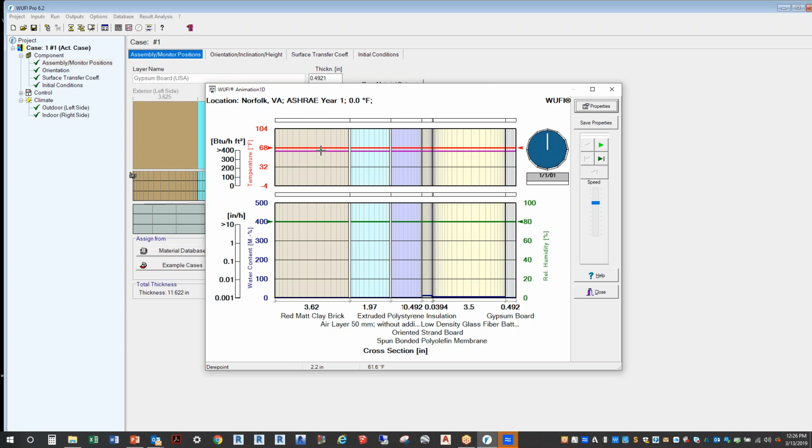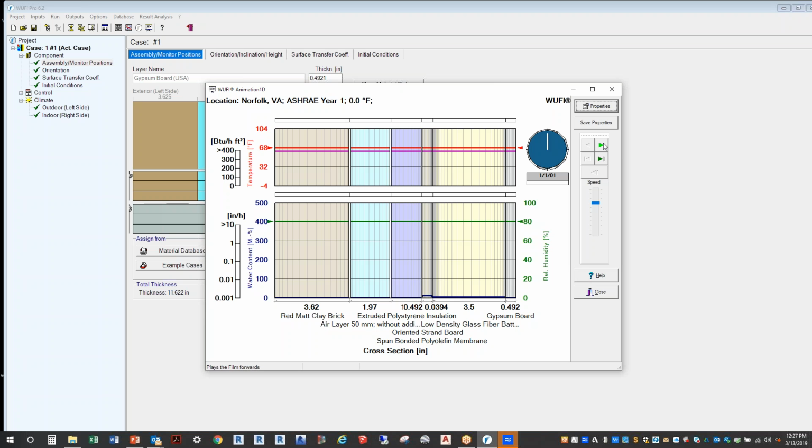The purple line is your dew point. So where those cross, you have condensate. The green line is your relative humidity. On the right, it's starting off at 80%. Down at the very bottom, you see this little blue line. It looks black here. That is your water content in percent mass. And all your materials are listed across the bottom, with the thicknesses.